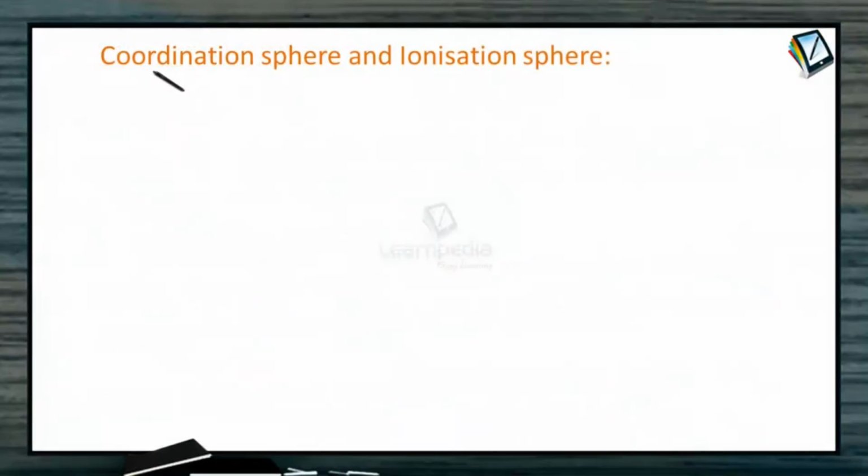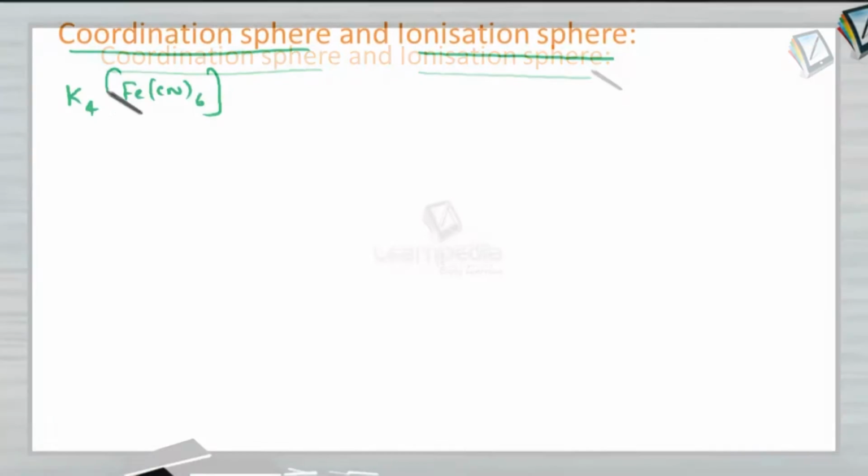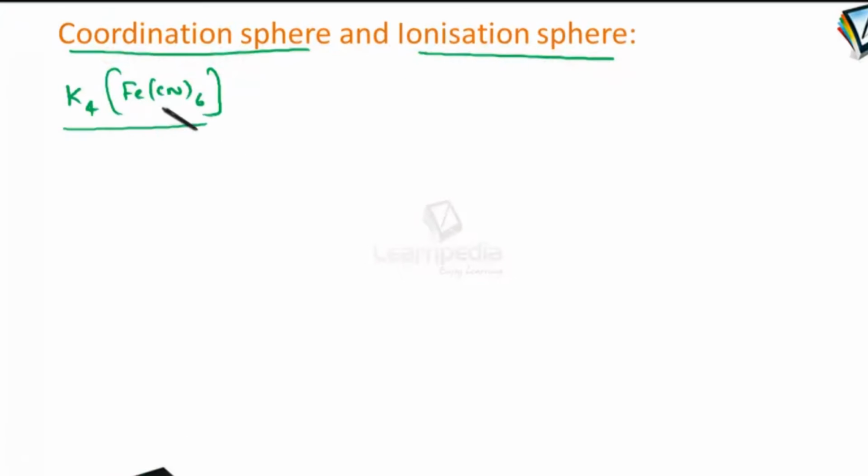The next term we come across is coordination sphere or ionization sphere. Consider K4[Fe(CN)6]. The one which is placed in square brackets, that is [Fe(CN)6]4−, is the coordination sphere. That is, the central metal atom to which the ligands are attached forms the coordination sphere, and the potassium which is outside the square bracket, which will come out in the form of ions as 4K+ when put in water, is the ionization sphere.